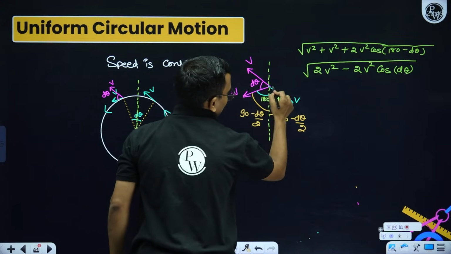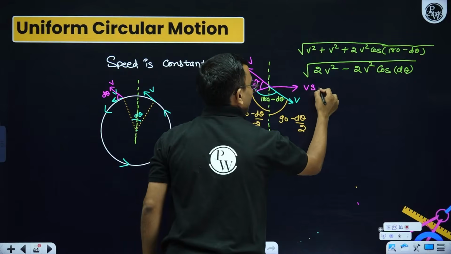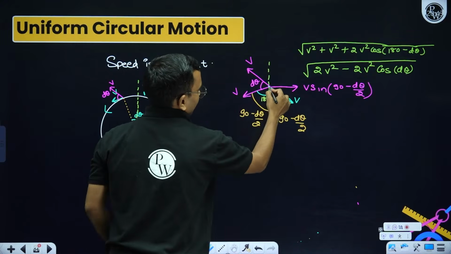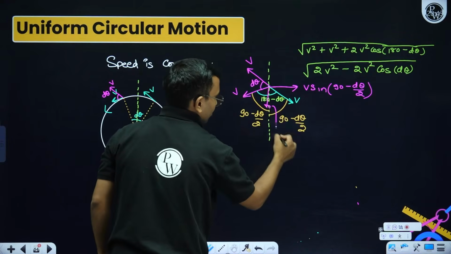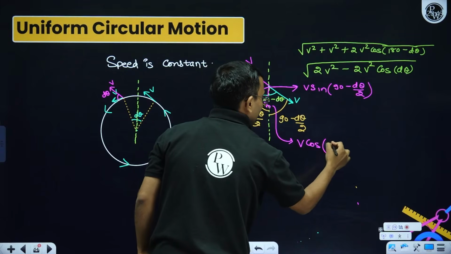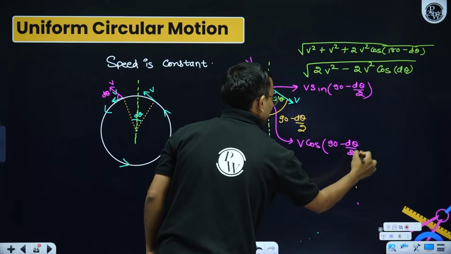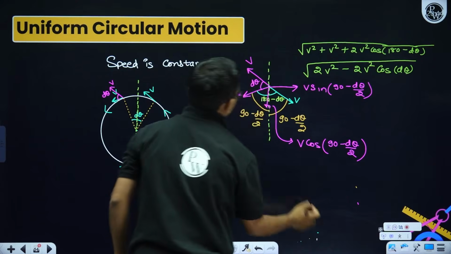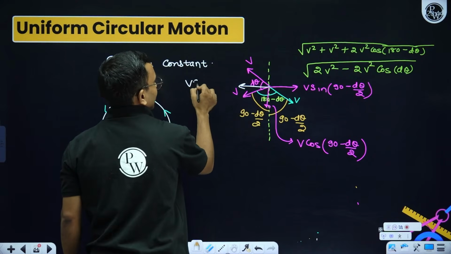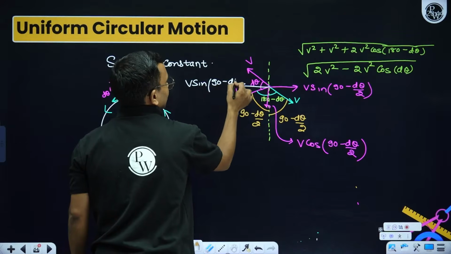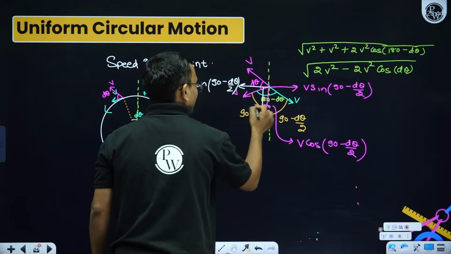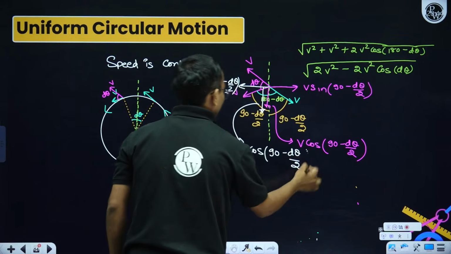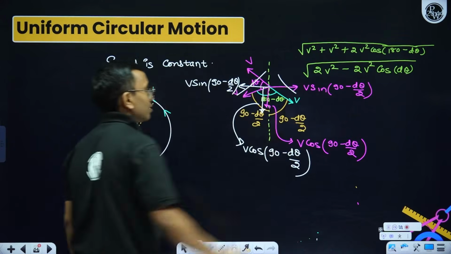So this is my v sine of 90 minus d theta by 2, which will be v cos of d theta by 2... Similarly, the component of this other v will be v sine of 90 minus d theta by 2, and the two horizontal components, this one and this one, are cancelling.